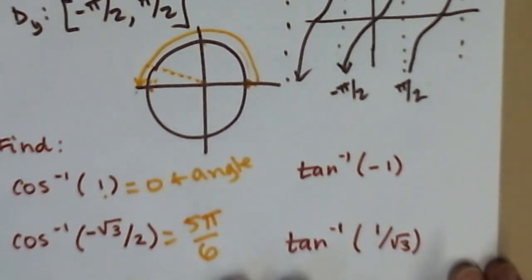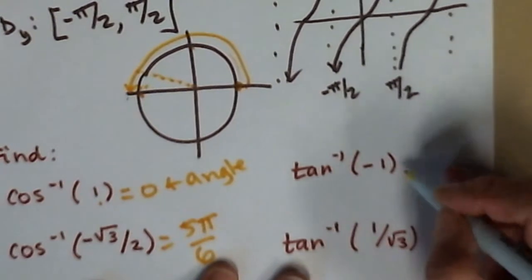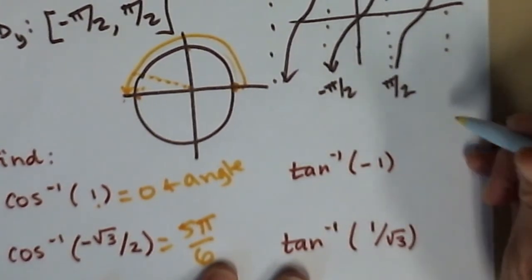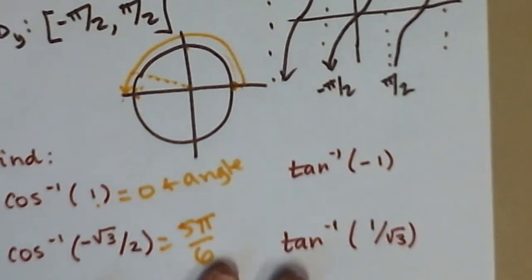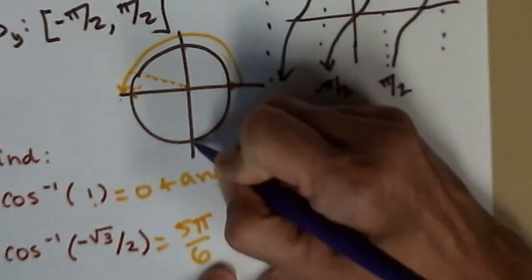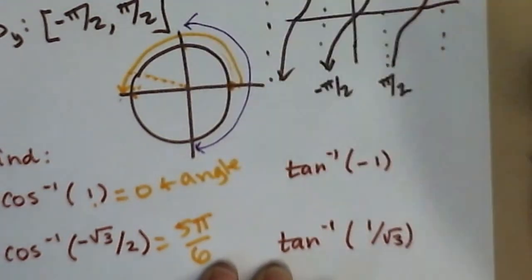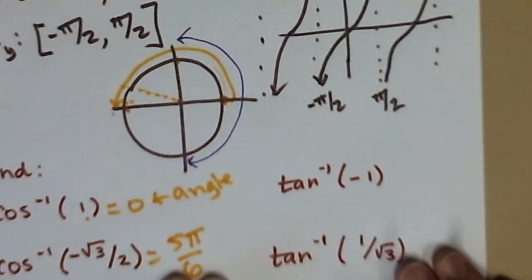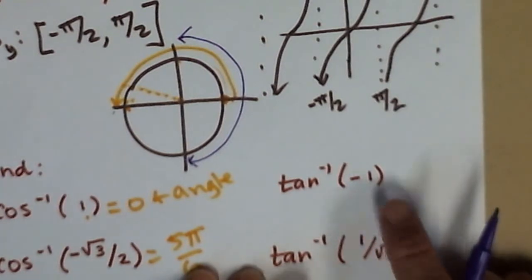Okay, inverse tangent of negative 1. So for inverse tangent, this time I can pick values between negative pi halves and positive pi halves, and I want to find the angle in there where the tangent is negative 1.